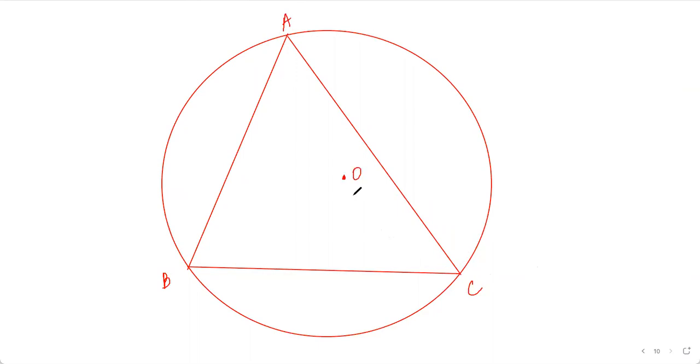And now I have two points M and N on the two sides of this triangle such that O lies on MN. So this point is M, this point is N. This line is a variable line. So all I need is that O should lie on MN.